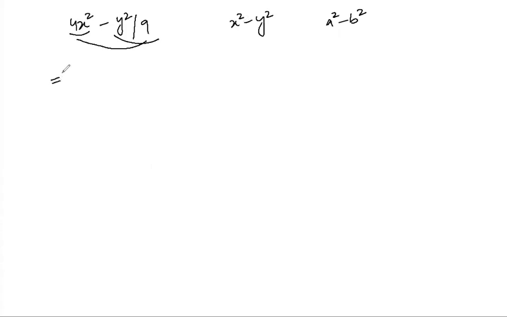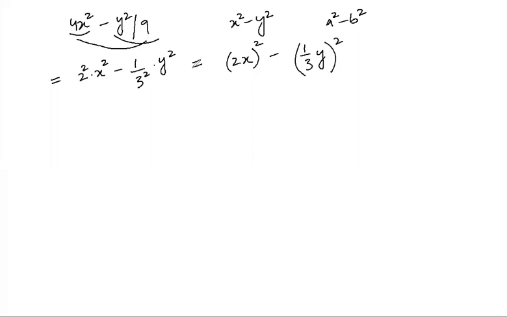A little bit of brain exercise will tell you it's 2 square into x square, and this is 1 by 3 square into y square, right? So I can write it like 2x square minus 1 by 3y whole square, because once you open you'll get the same thing. So it will be 2x plus 1 by 3y into 2x minus 1 by 3y.